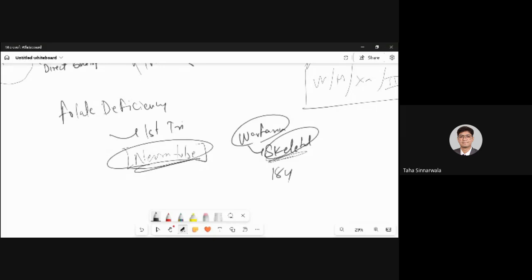So you do not want to let the infant get in contact with warfarin because the skeleton is still growing.